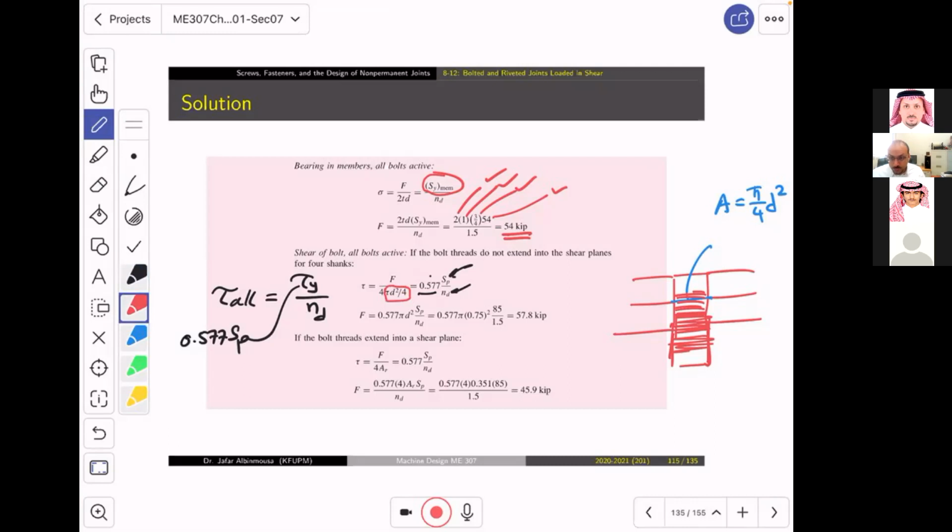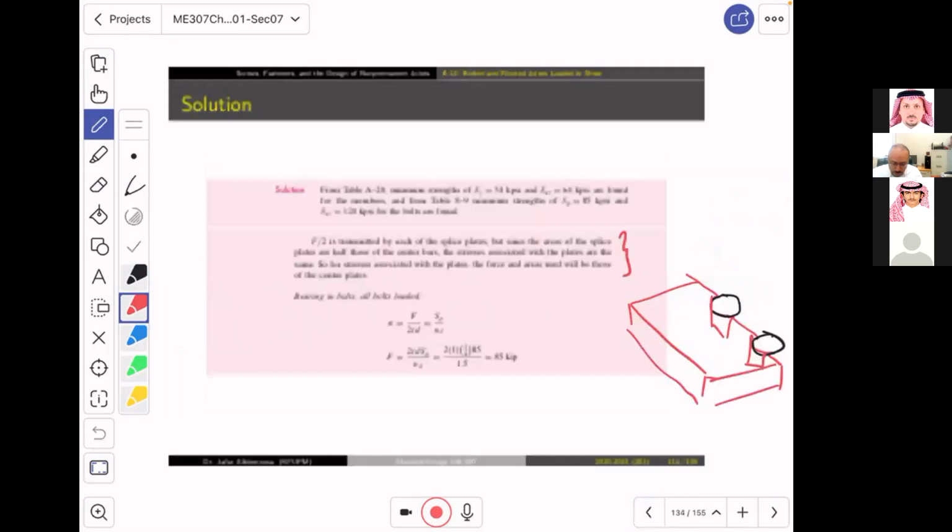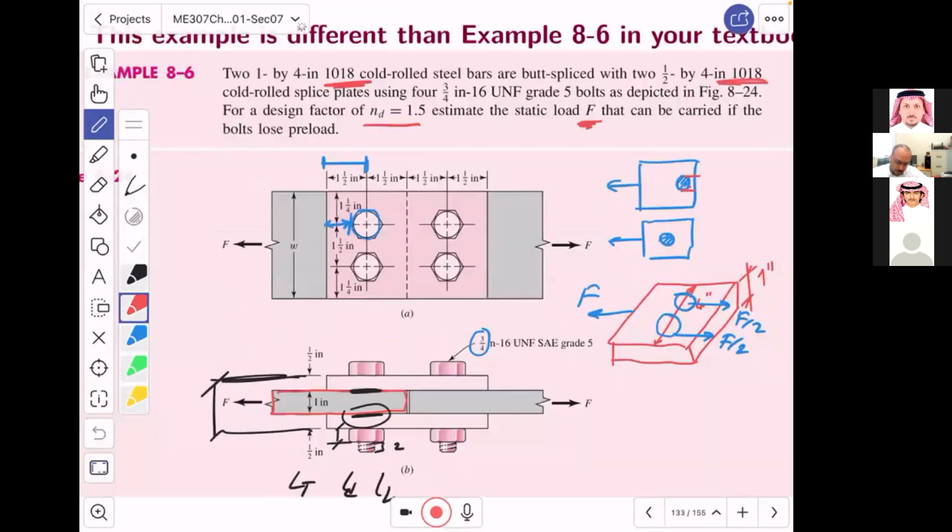Is that true? Where did we get the 4 over here? Is it because we take one side of the sheared bolt? We have 4 sides.